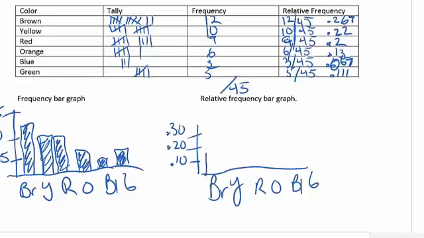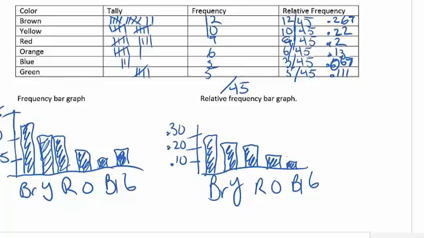So I need a rectangle that's got a height of 0.27. For yellow, it needs to be a height of 0.22. Red is 0.2, so a little bit smaller. Orange is 0.13. Blue is 0.07.